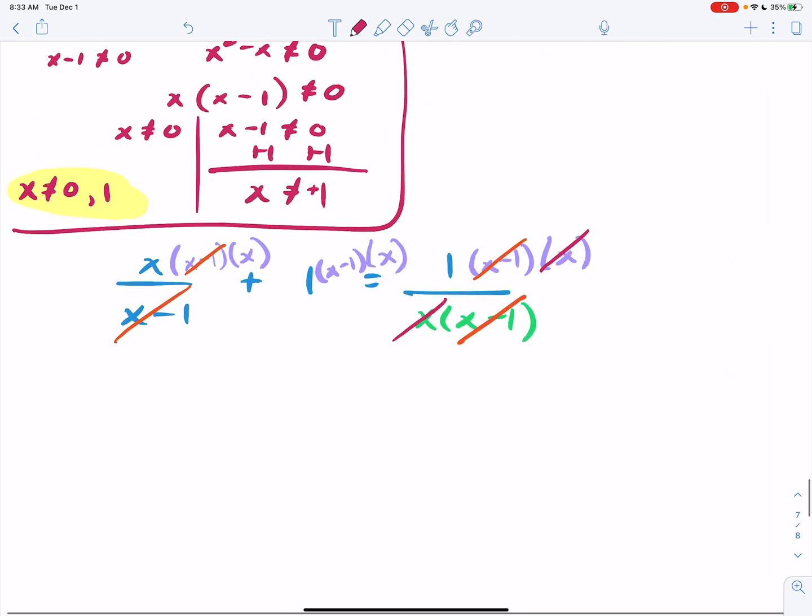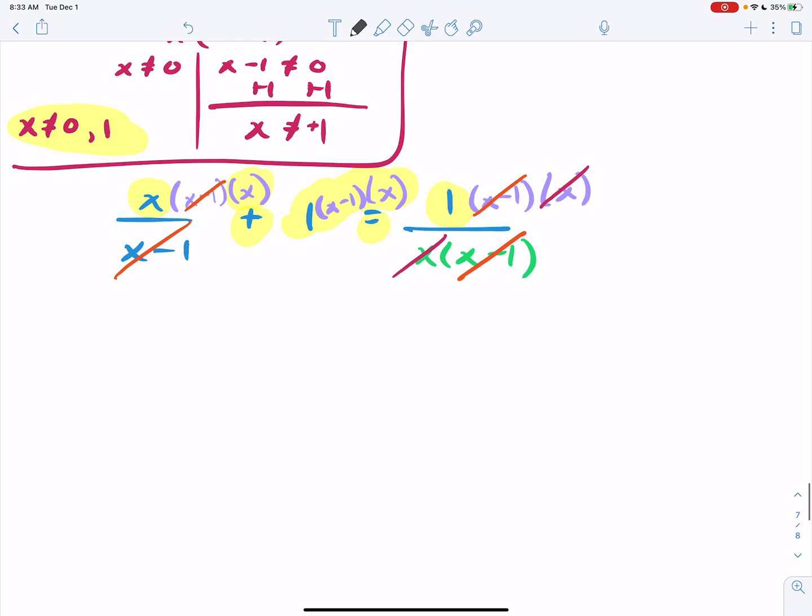Okay, so let's highlight what we have left. We have x times x plus 1 times x minus 1 times x equals 1. I'll write that out for you. And again, you got to be super organized in this one here, okay? So it's x times x plus 1 times x minus 1 times x equals 1.